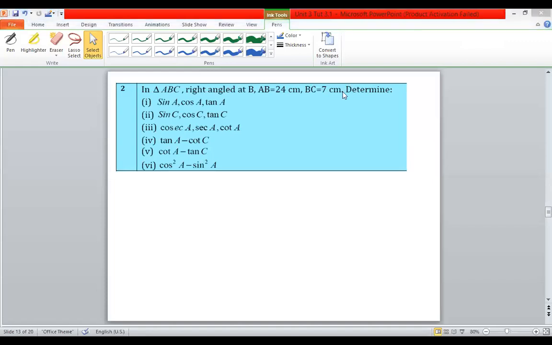So in this question, one student say the answer of the remaining sides. This is your triangle. This is your ABC triangle.